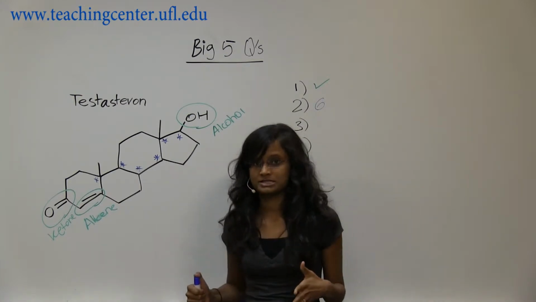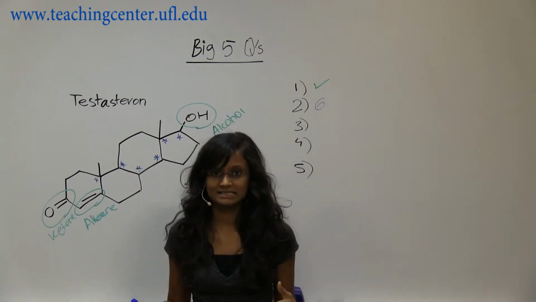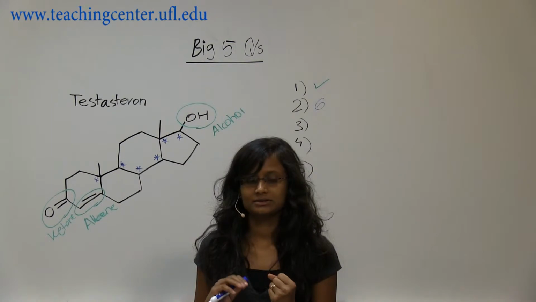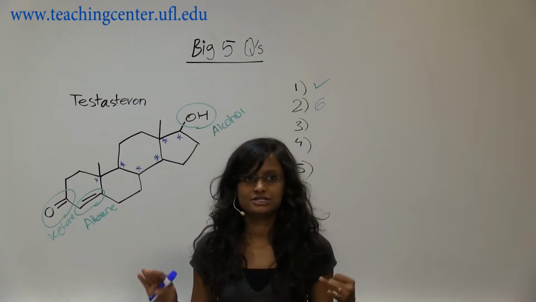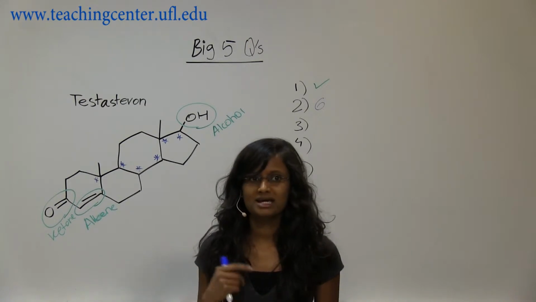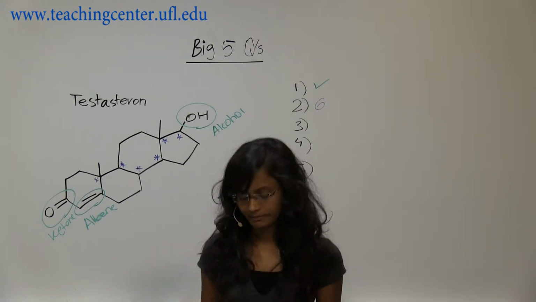How many carbons are there? Usually you should practice coming up with the entire formula, because he can ask you how many carbons, how many hydrogens, anything. So it's easier if you make a habit of writing all of the atoms together.